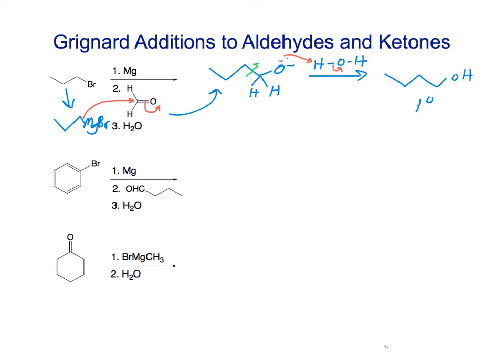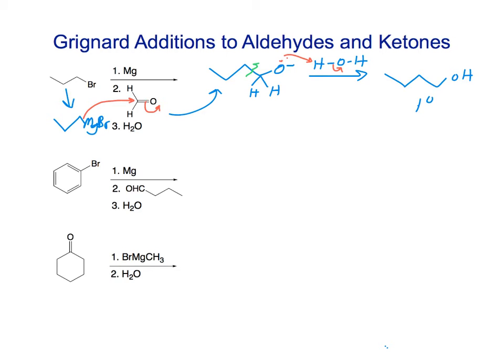So as opposed to the last reaction that I showed in the last slide, in that case I took the Grignard and reacted it with an epoxide. I added 2 carbons to give us a primary alcohol. Now I'm adding formaldehyde. It still gets us to a primary alcohol, but we've only added 1 carbon. Right? So we can add 1 or 2 at a time to get a primary alcohol.